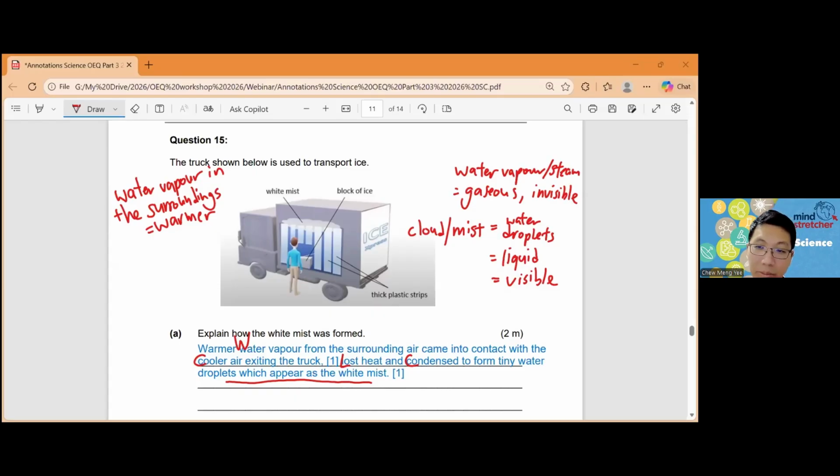Although there's steam being produced, the steam has already condensed to form water droplets, and that is what you are seeing as the mist. No, mist is liquid. Steam cannot be seen, Stephanie. Steam cannot be seen.